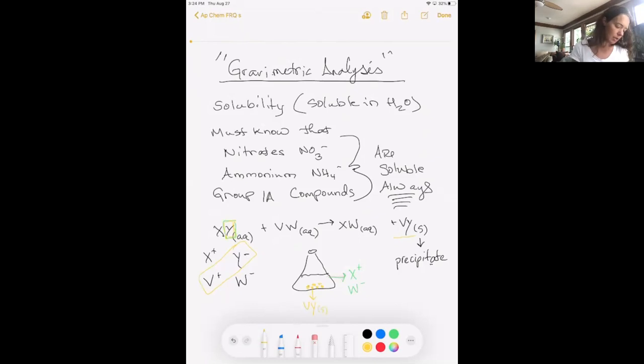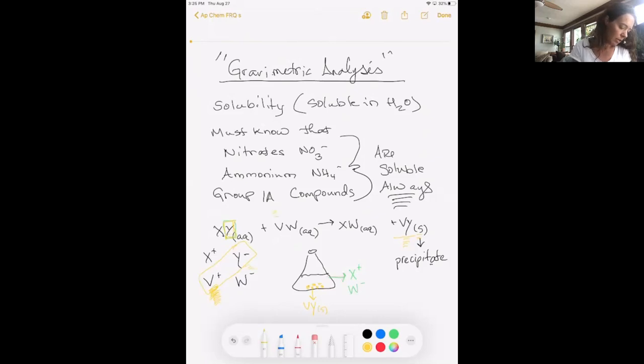What that means is when I combine, my concern is with Y, and my goal is to precipitate all of the Y ions. Well, that means that I have to add enough of this V ion containing compound, the compound that contains the V ion. I must add enough of it to ensure that all of the Y ion is precipitated.